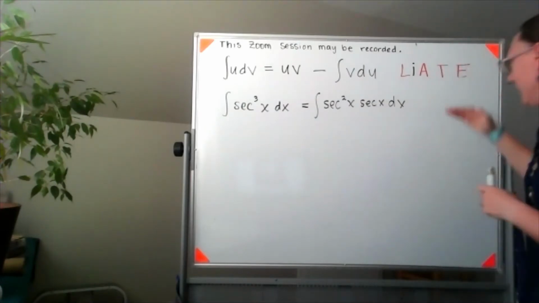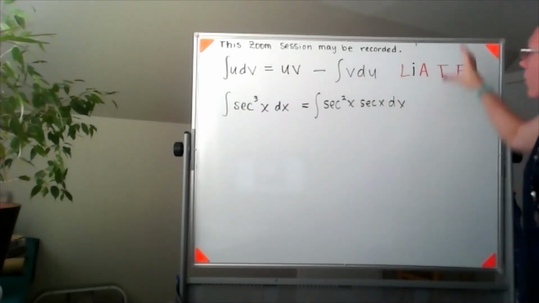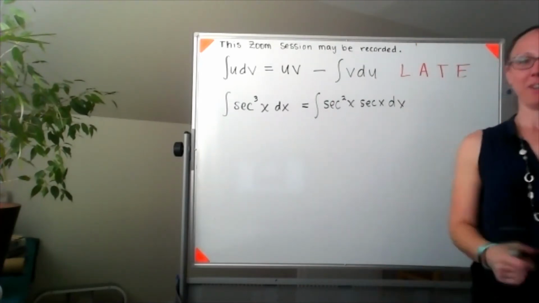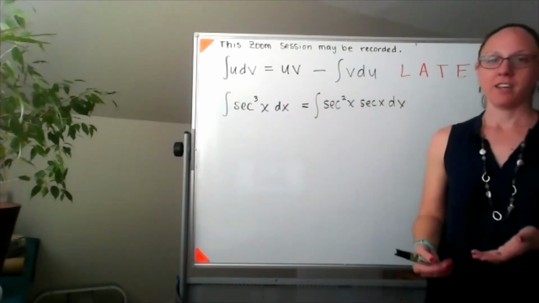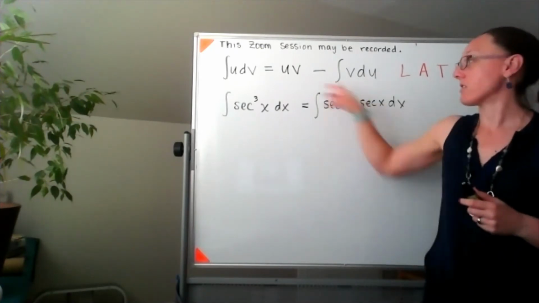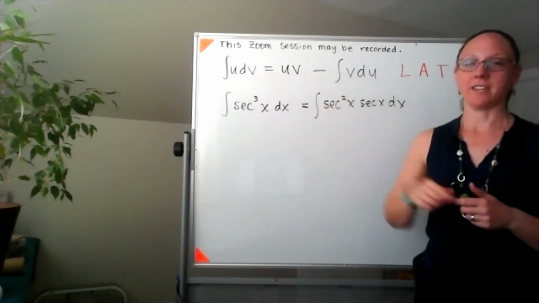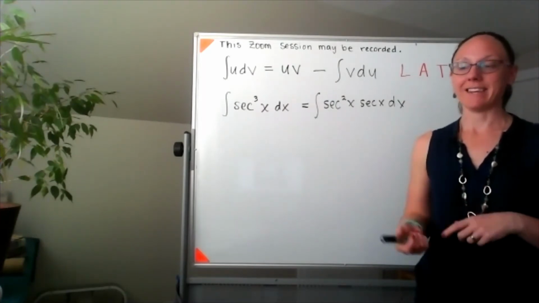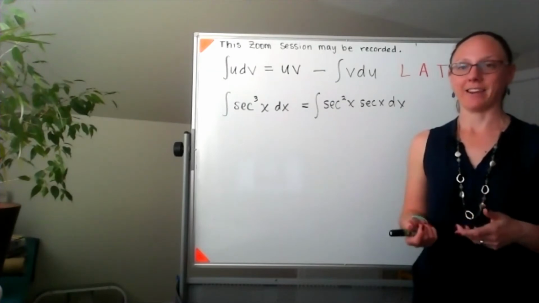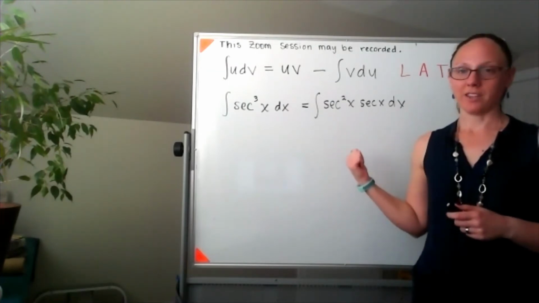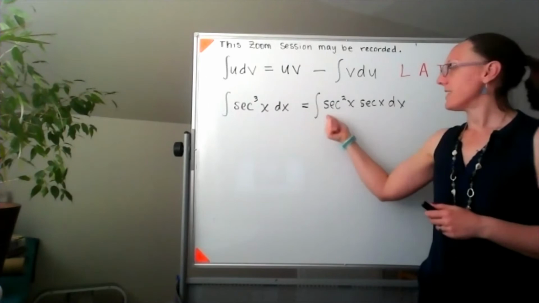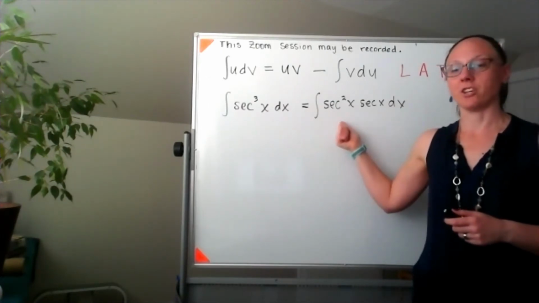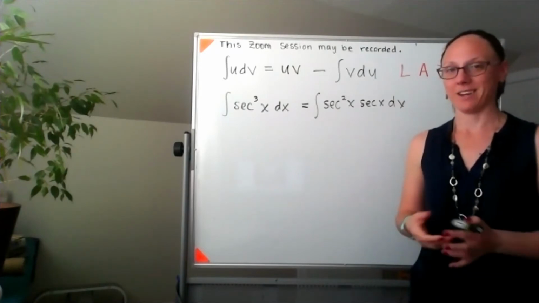Now, the acronym LATE or LIATE is kind of going to fail us right now because we have trig and more trig. So the other thing that we want to think about in terms of selecting the u and the dv: u is the thing we're going to take the derivative of, and dv is something we have to take the antiderivative of. Looking at this, secant squared is somebody's derivative, so that's the part that I want to use to find my antiderivative.